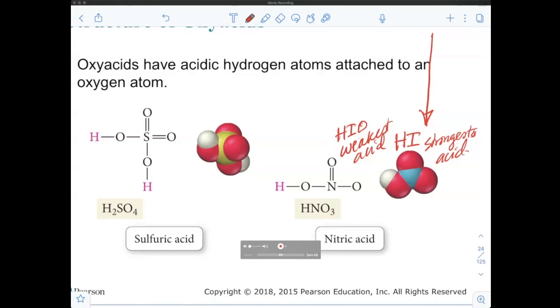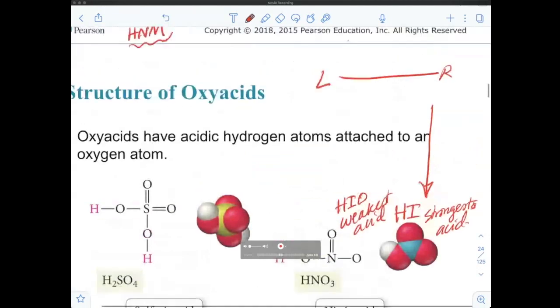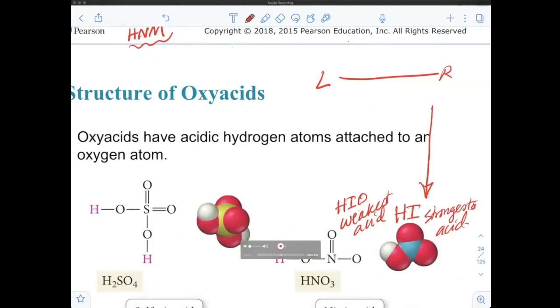So it's the opposite trend. With the oxyacid, when you're going down the group, you actually encounter the weaker acid. But left and right has the same trend as binary acids. So for all acids, when you're going from left to right, you encounter more acidic acids on the right. But from top to bottom, when you're looking at binary acids, you see your strongest acid on the bottom, the weakest on top.